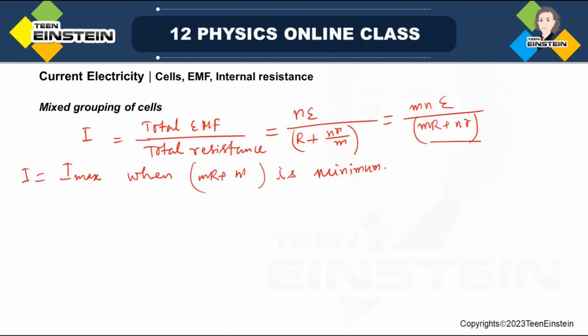When this is minimum in the denominator, the total current increases.